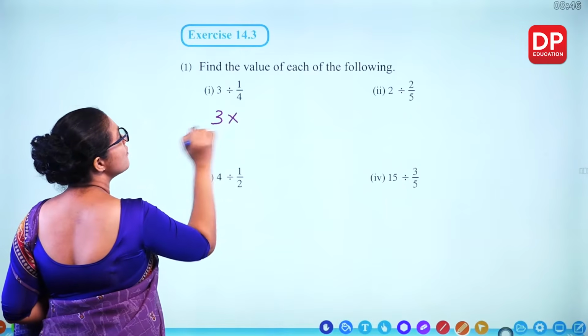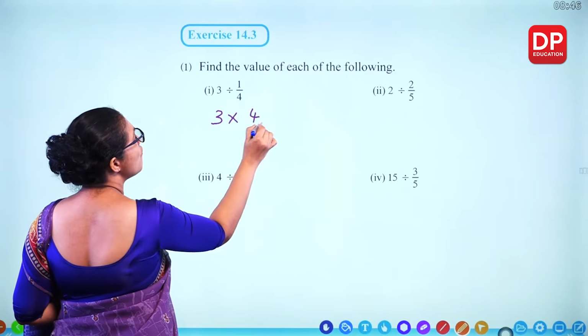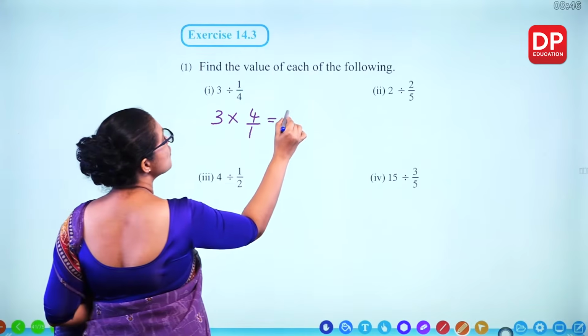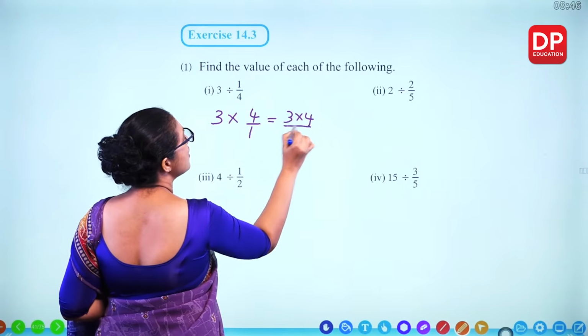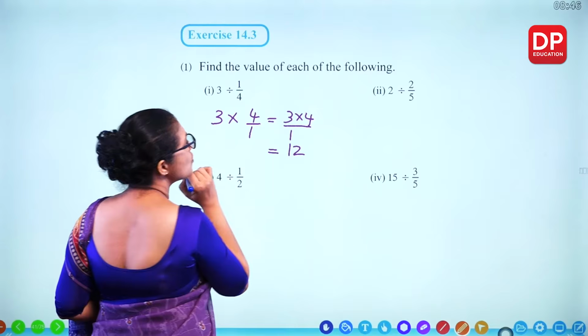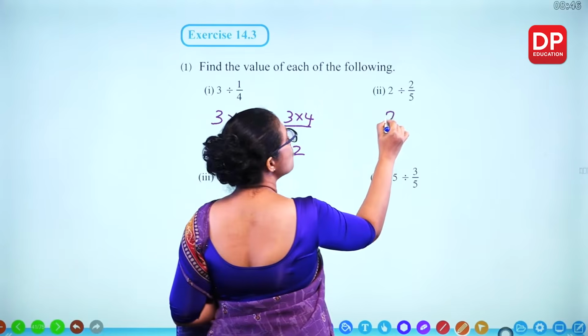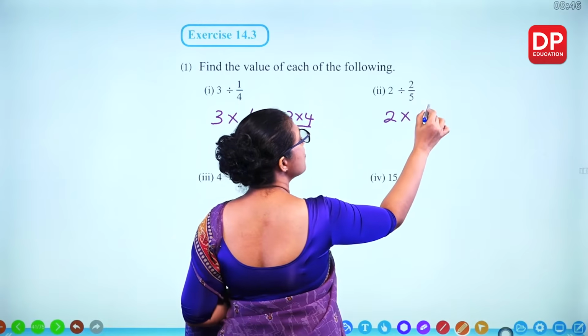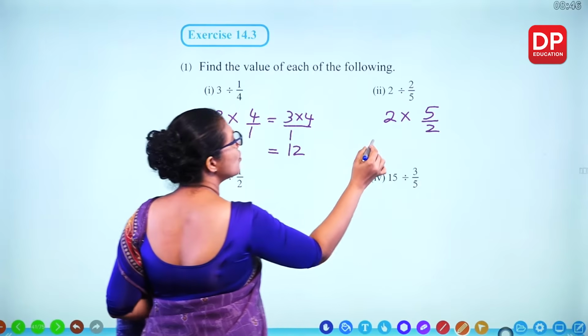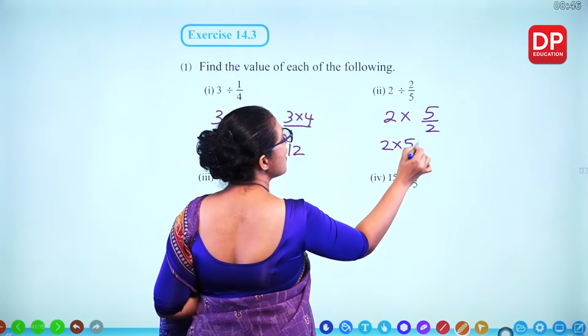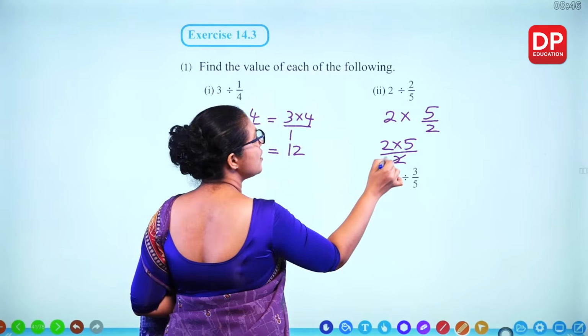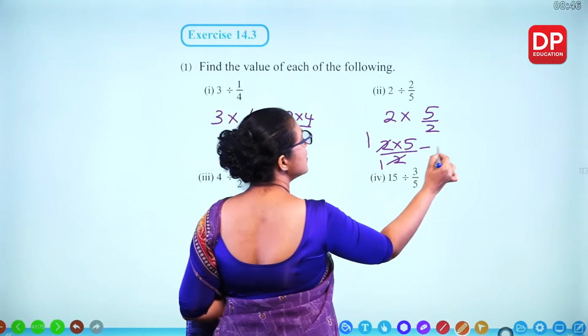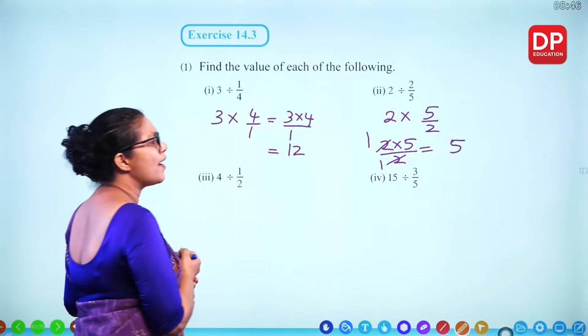You can convert to multiplication of 4 over 1. So 3 times 4 over 1 becomes 12. 2 multiplied by reciprocal here, 5 over 2. So 2 multiplied by 5 divided by 2. Here you can simplify further. Answer is 5.